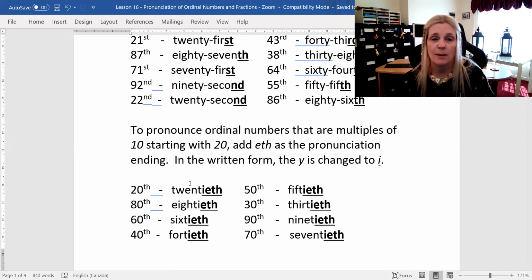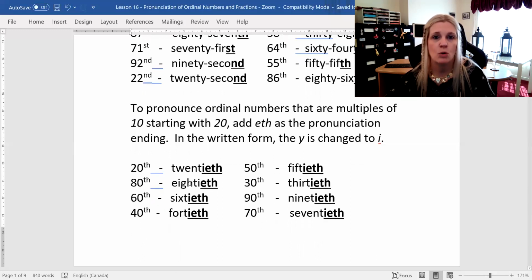It helps with pronunciation. You wouldn't be able to say it otherwise. So 20 would be 20th. You pronounce 20 like it is with the Y written with it, and TH, so 20th. 80 would be 80th.